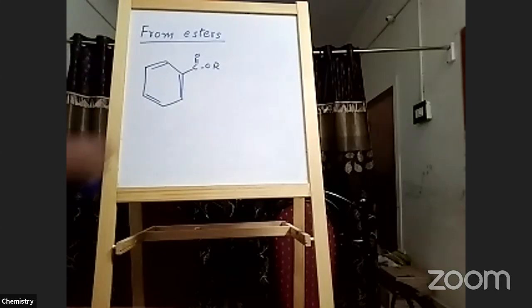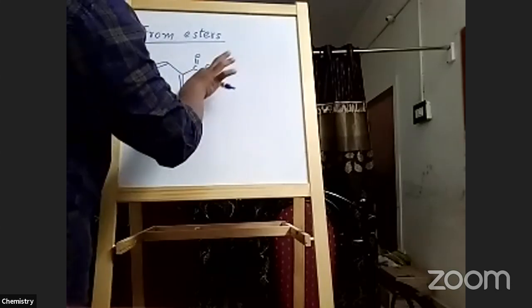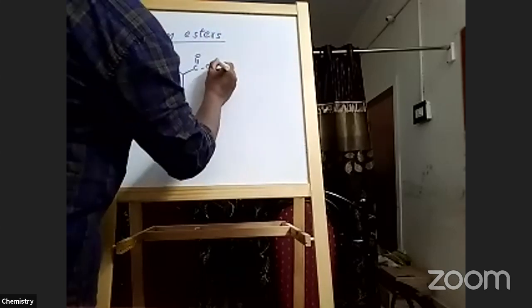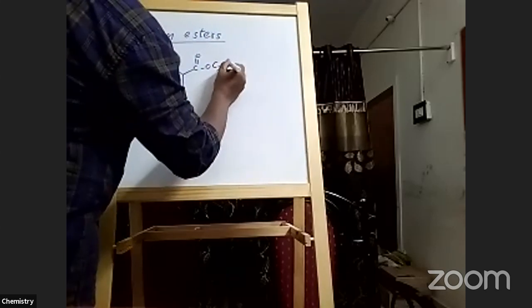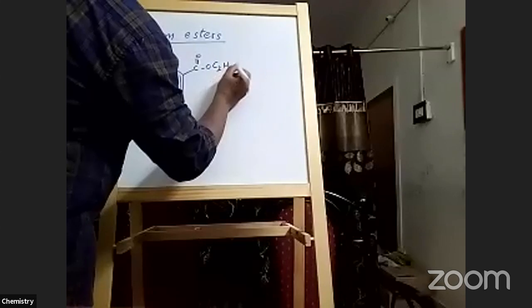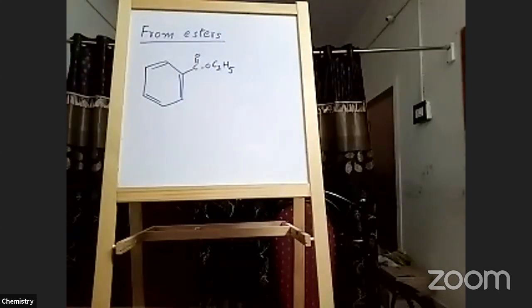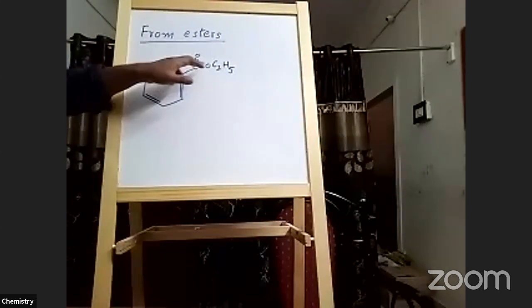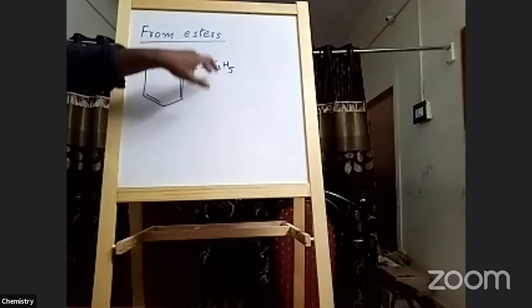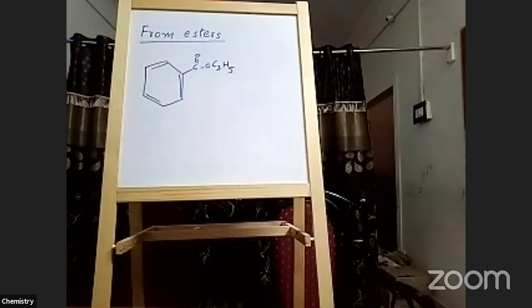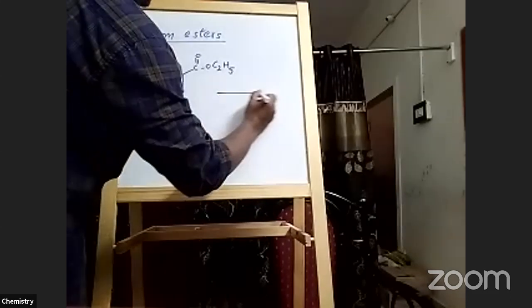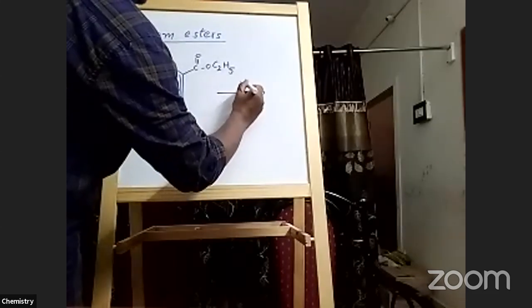You can write here C2H5 or CH3. So this is the ester. So RCOOR, instead of C2H5 or CH3, any alkyl group can be present. So on hydrolysis directly, H3O plus.